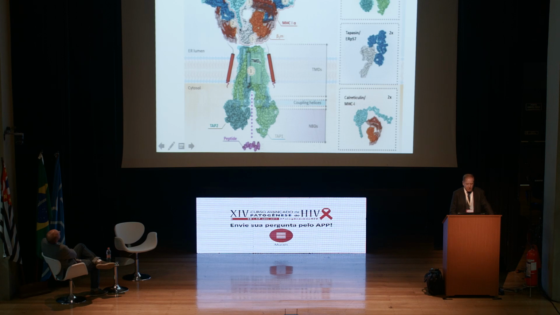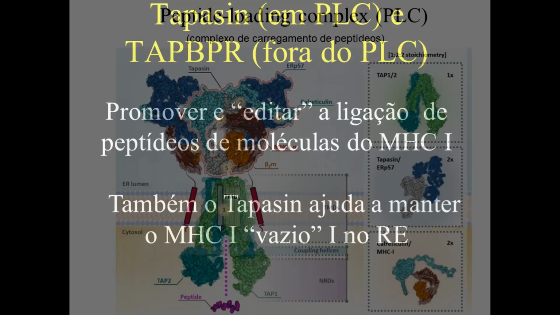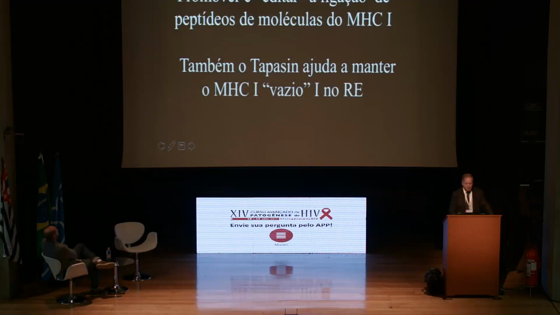And what I want to tell you about next is this molecule shown here, which is something called tapasin, okay? And there's actually a couple of related molecules that are important here. One is this molecule tapasin that's in the peptide loading complex. And there's a similar molecule called TAPBPR that's outside of the peptide loading complex.